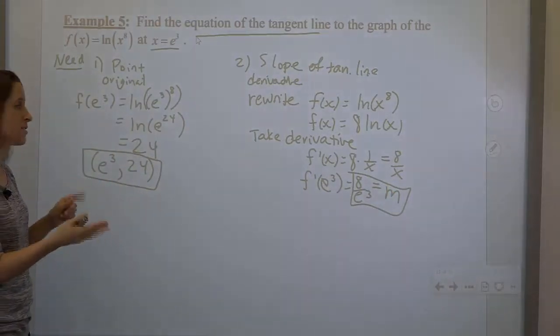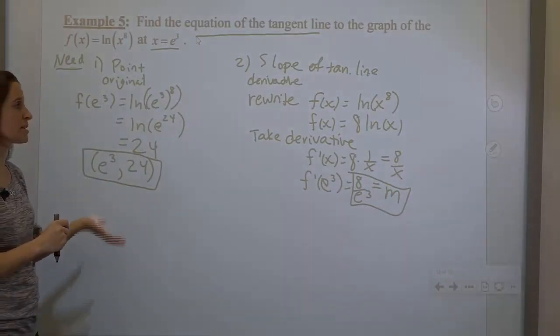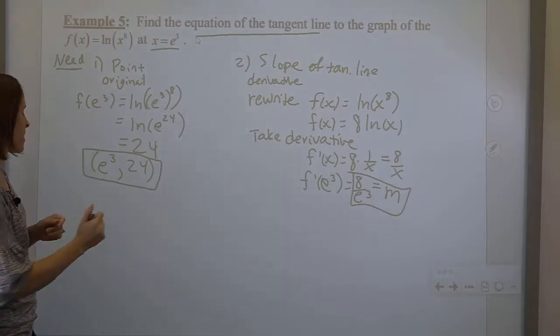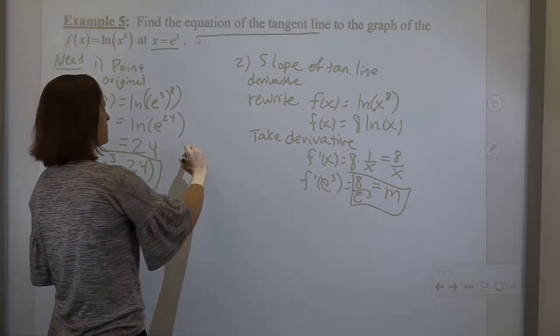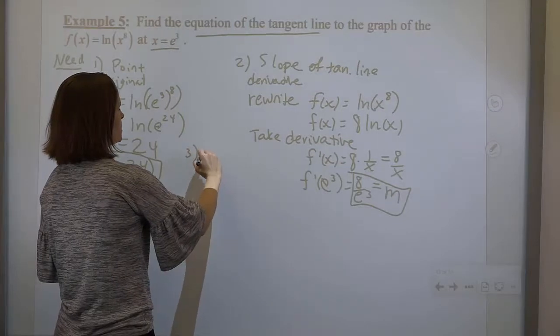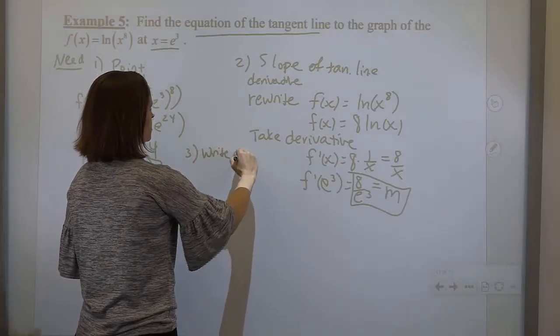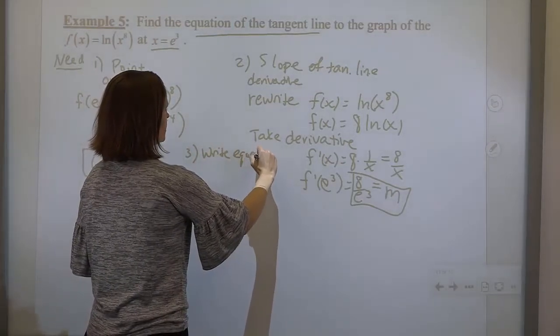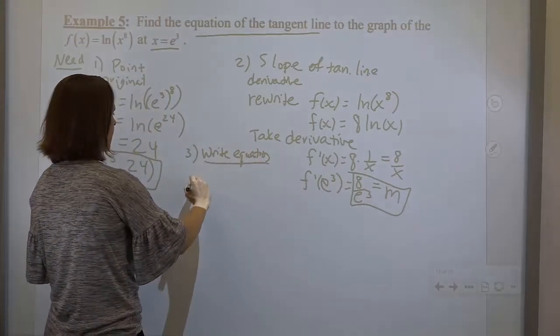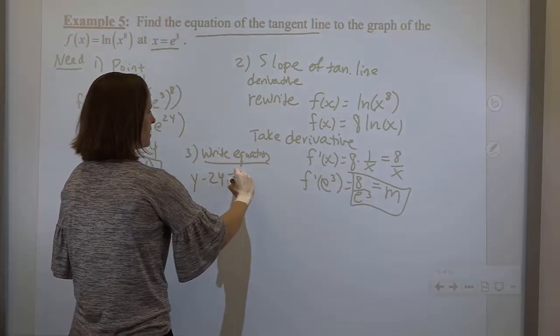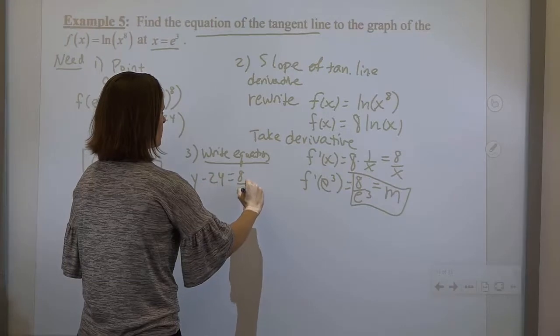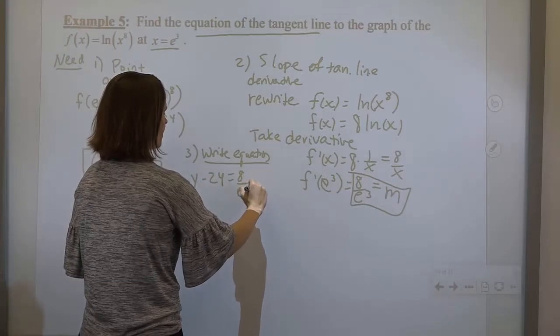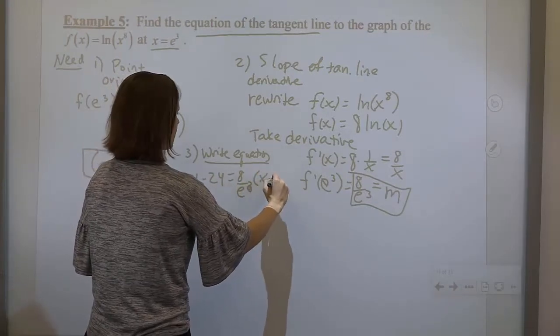Then you get to use your favorite method for doing that, whether that be y equals mx plus b, or the y minus y1 equals m times x minus x1. So now the third thing we need to do is write the equation. So we have y minus our y equals our slope times x minus our x.